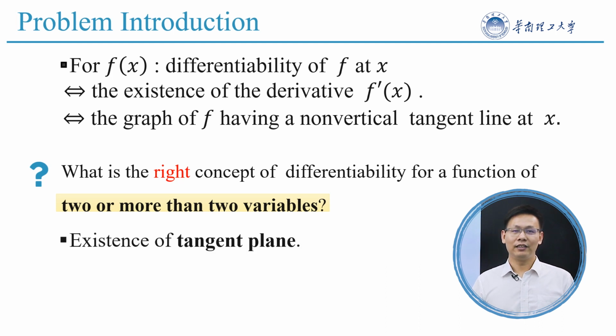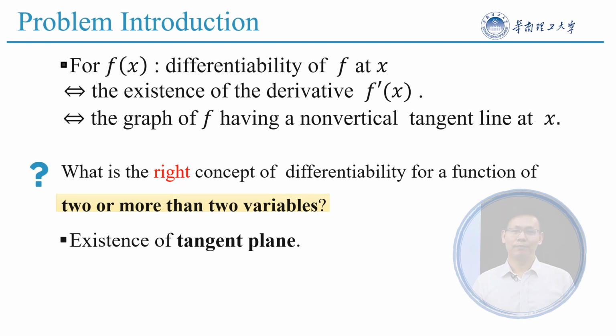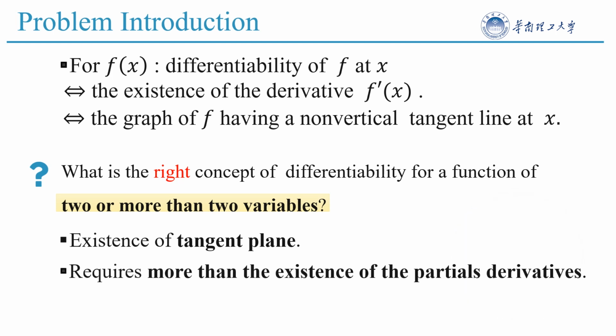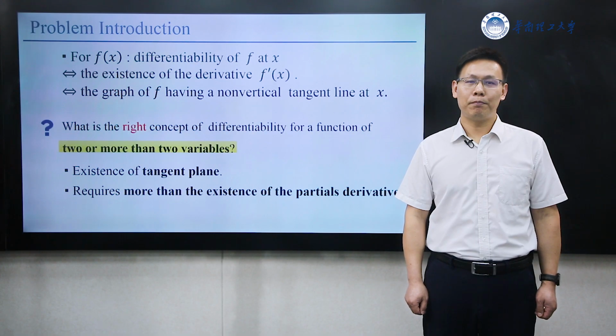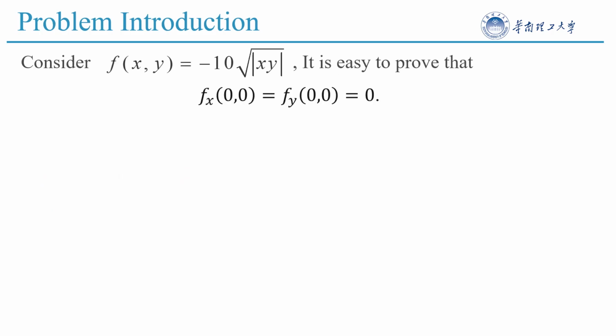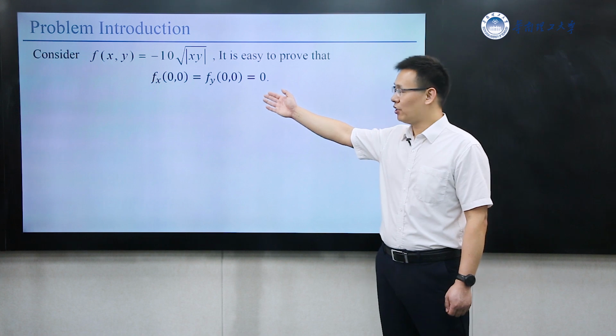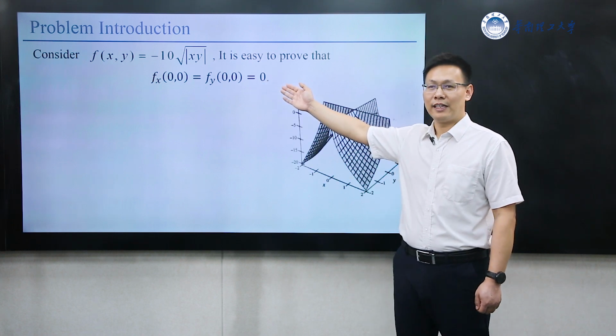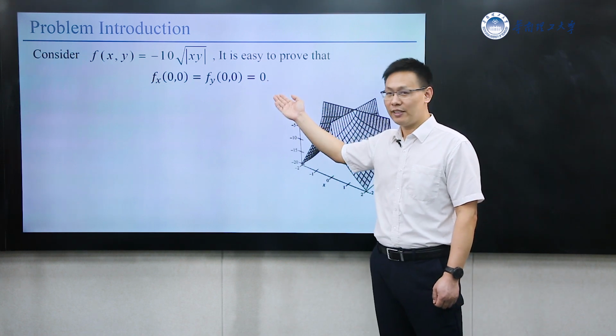In a natural way, it must be the existence of a tangent plane, but this requires more than the mere existence of the partial derivatives. For example, considering the next function, it is easy to prove that the two partial derivatives exist.